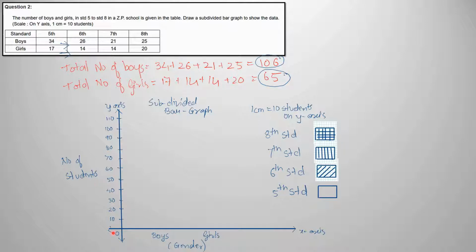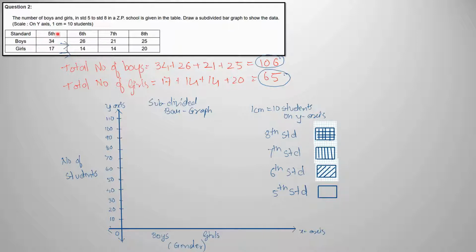On the x-axis, the first bar would denote boys and the second bar would denote girls. On the y-axis, we have taken 1 centimeter equal to 10 students, starting from 0, 10, 20, 30, 40, 50 up to 100 or 110.